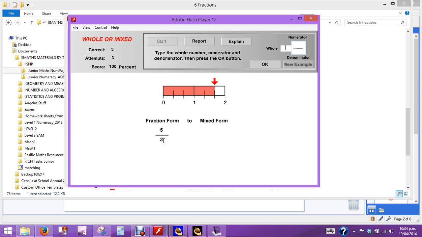And if 3 goes into 5 once, then that takes care of 3/3 of that 5/3, so I've got 2/3 left over. Okay, so 3 goes into 5 once, and then I think about taking that 3 away from 5, leaving me with 2/3 left over.